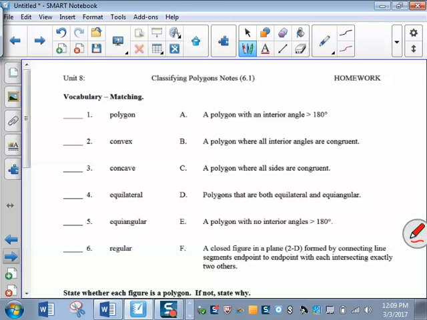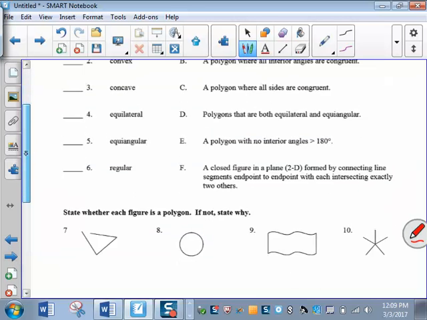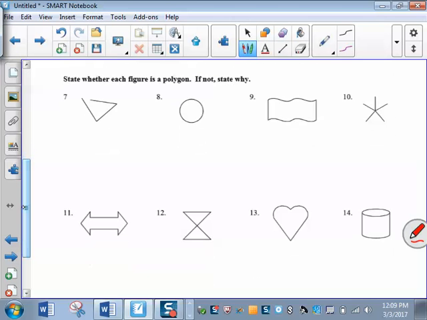So in the next couple pages, you have some practice problems that I want you to do on your own. The first 6 here are matching. So you're looking at the word, finding the definition. And then these 8 problems, you are just telling me, is it a polygon? If not, tell me why. Which of the properties of polygons is it missing?